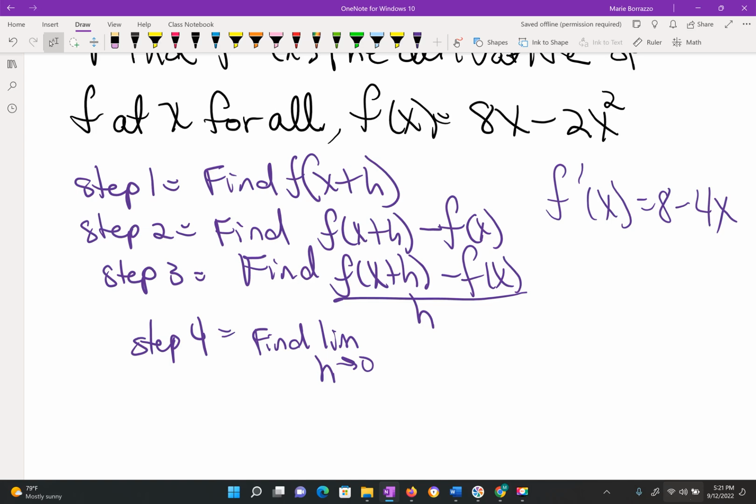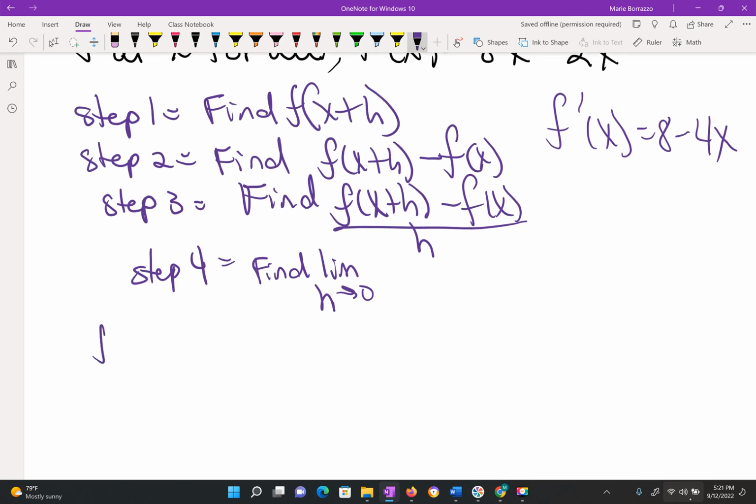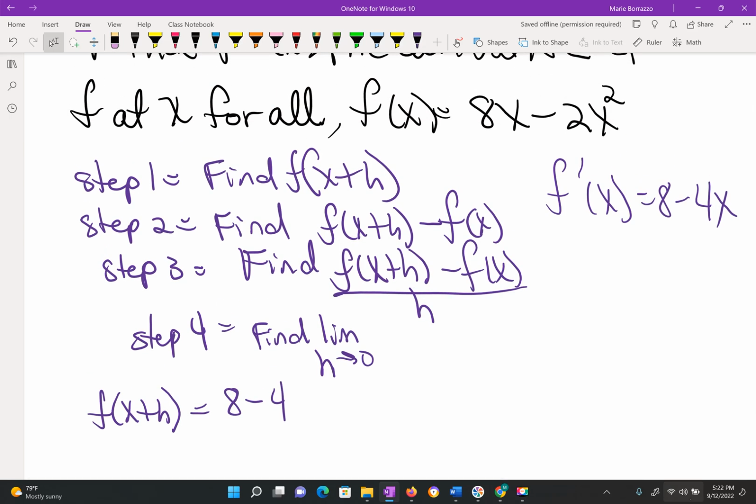So some of you are still suffering. We're doing it the long way. So sorry, 8 times x plus h, minus 2 parentheses x plus h squared.